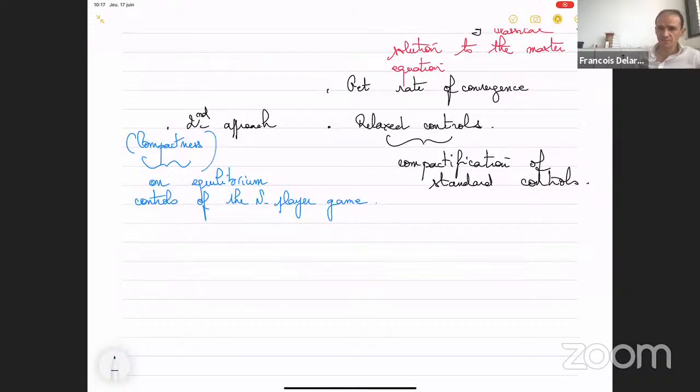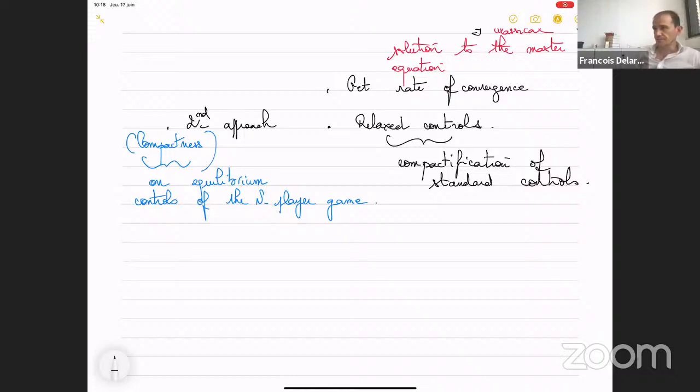So this is a kind of randomization of the controls. For those of you who come from analysis, this is what you would call Young measures. And when you do this relaxation of the control, it turns out that it is much easier to get some compactness argument, because having compactness on probability measures or finite measures is quite easy if the state space is compact.